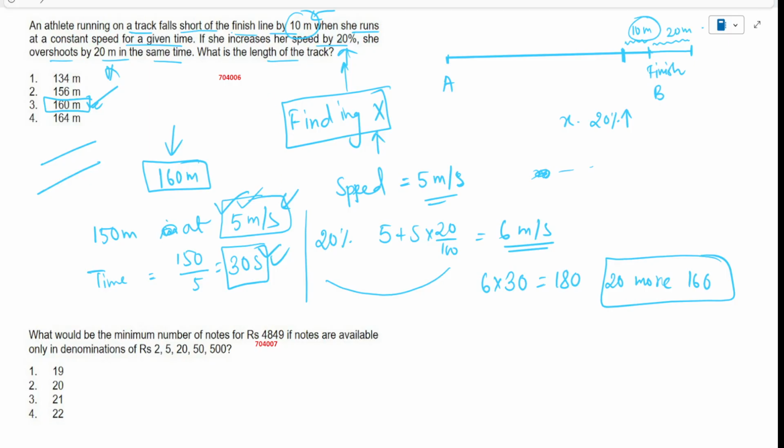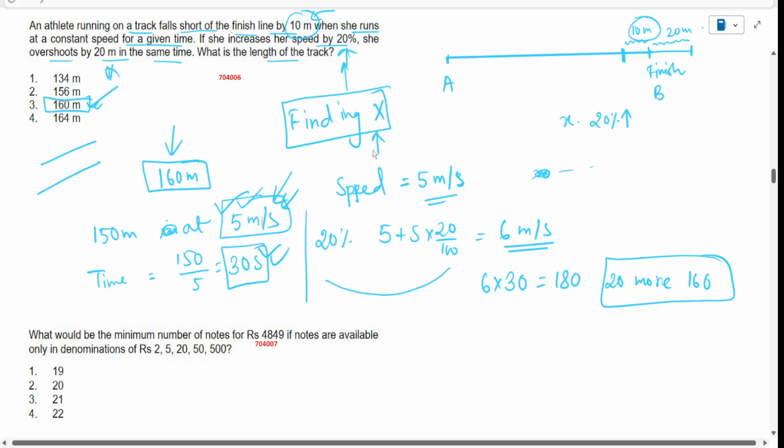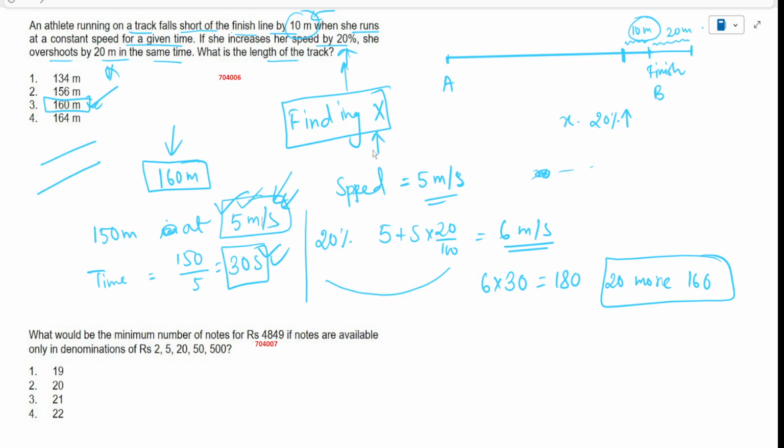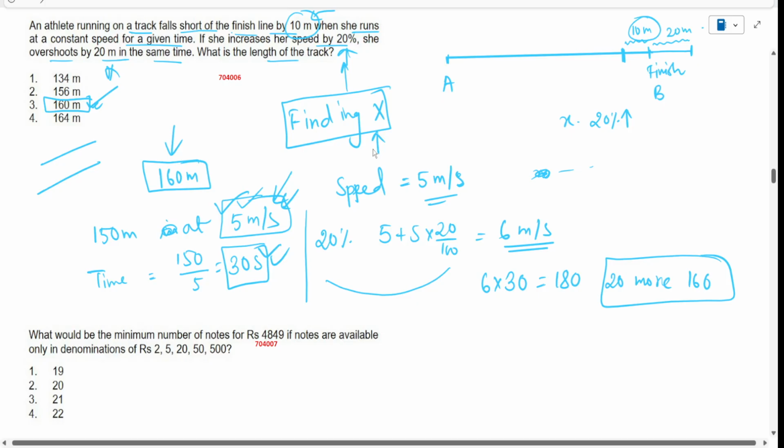All the data in the question are multiples of 10 and 5, so to make the calculation easier I can choose the speed as 5 meters per second. I don't need to choose any x. So this is easier, right? Definitely make a comment after watching this solution on how this is helpful and how to think about the questions. These types of solutions you didn't find on YouTube, and you will not find them in future also.